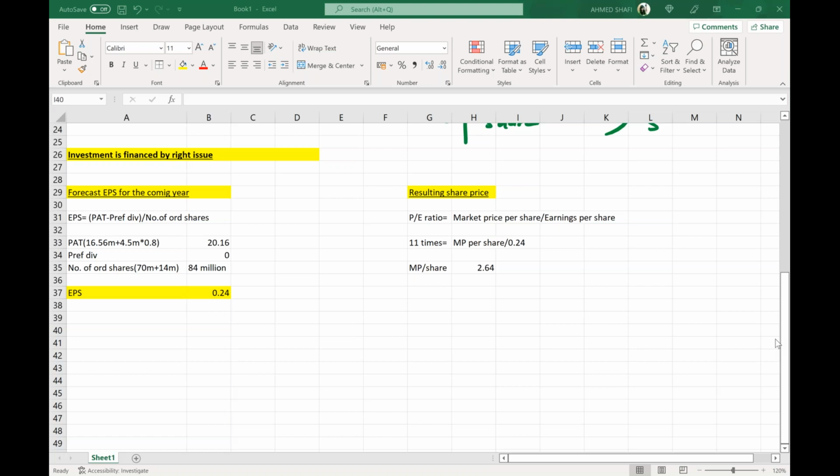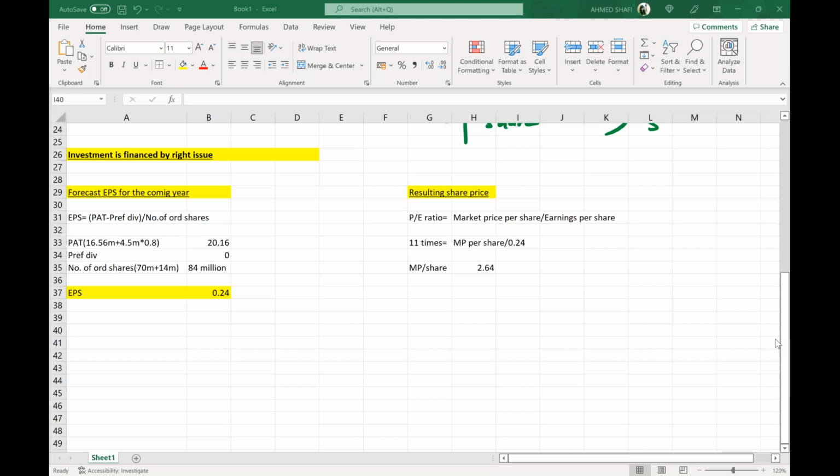Shahab, existing shares are 70 million. Who said it's 5 million? So Noman, if you want to take the long route, you can. First you need to increase profit from operations.